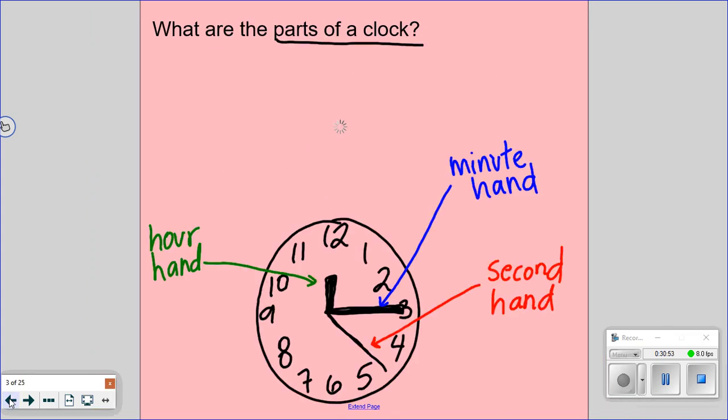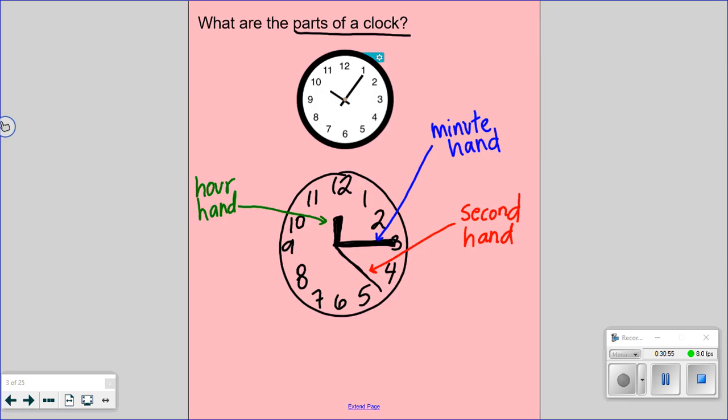I'm just going to back up to my practice clock. We already talked that each of these numbers, big numbers, represents 1 hour. So when the hour hand points at them, that is worth 1 hour. Well, let's talk about our minute hand.